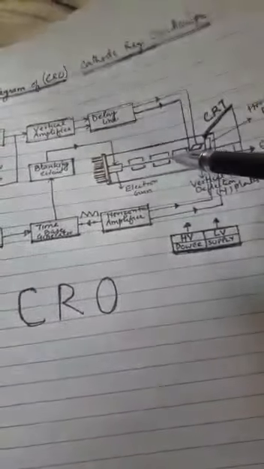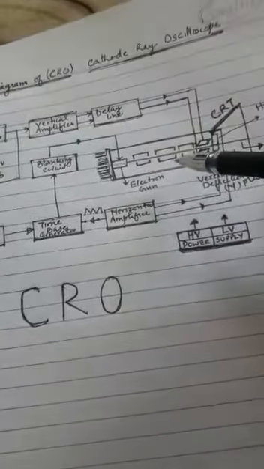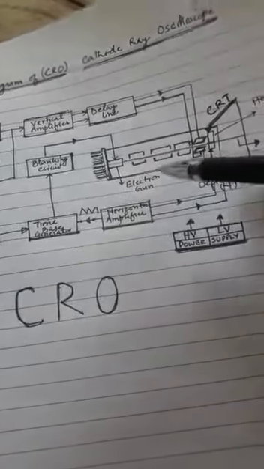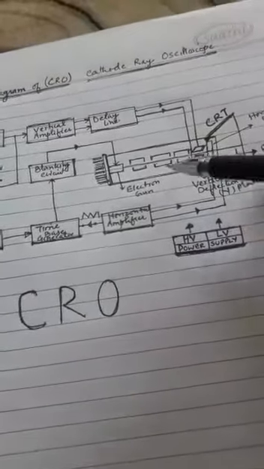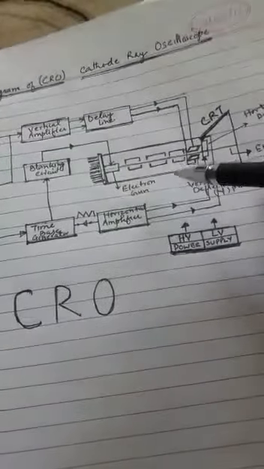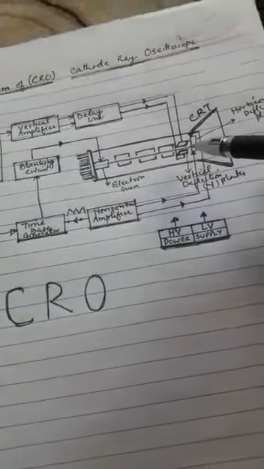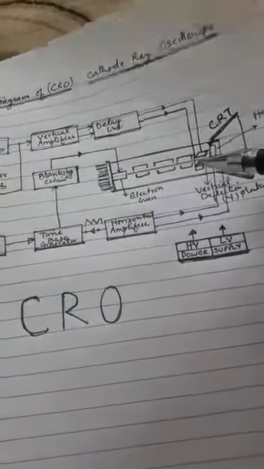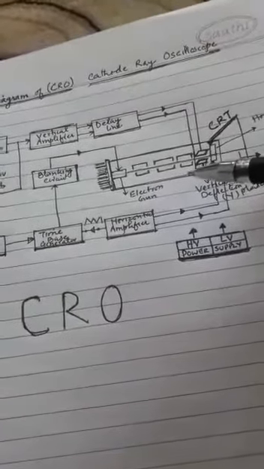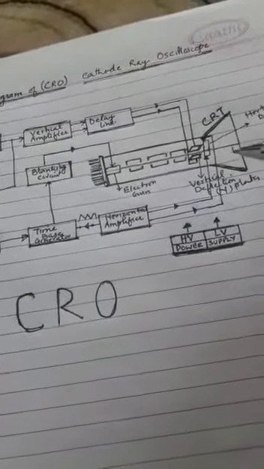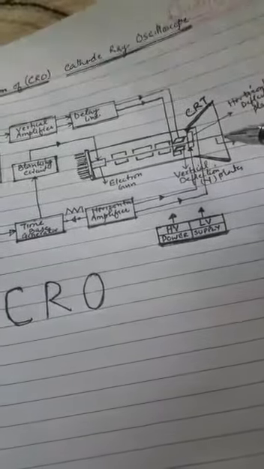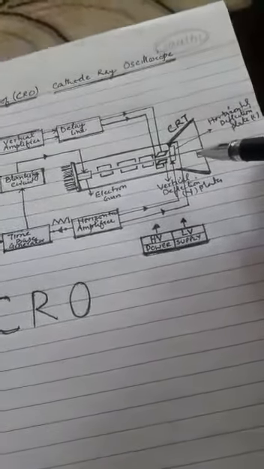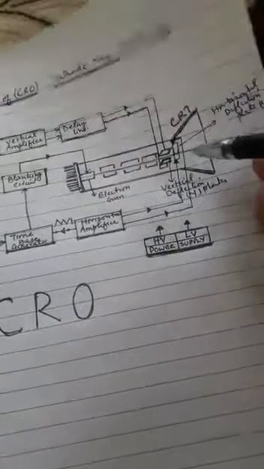These are the accelerating anodes, which accelerate the electron beam. These are deflecting plates which make the electron beam go through in different varying forms, and then it strikes the screen of the CRT in the middle in the form of different signals.